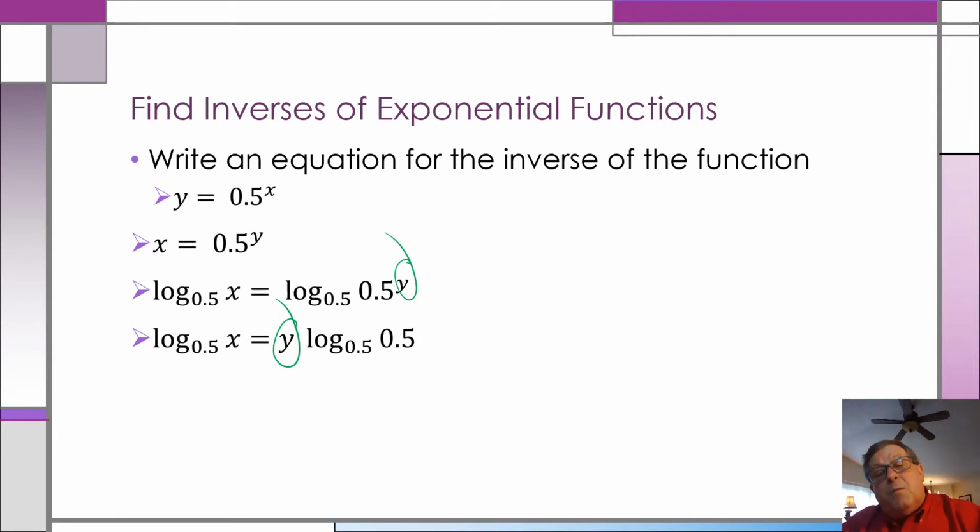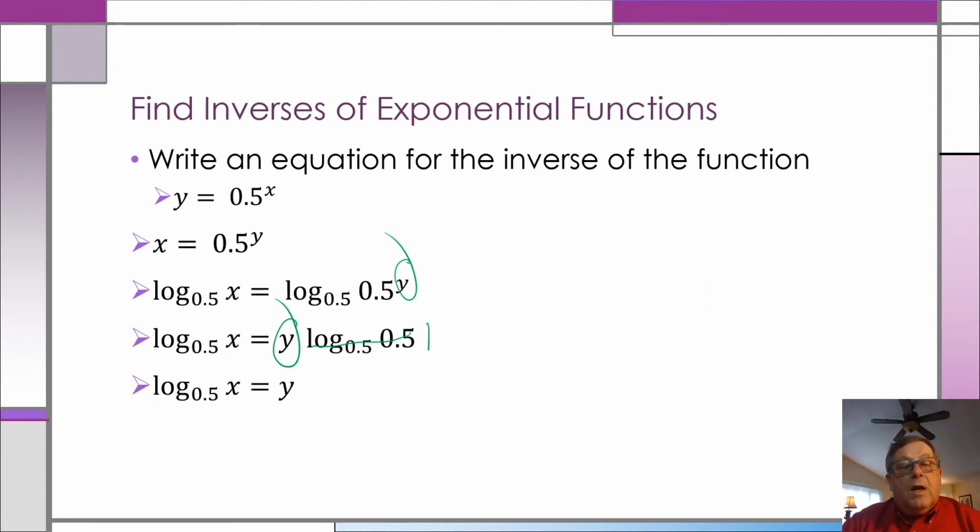The log base 0.5 of 0.5 is just equal to 1. And so, taking the log of both sides and bringing the exponent out front, it allows me to cancel that and get this just in terms of y on the right side.